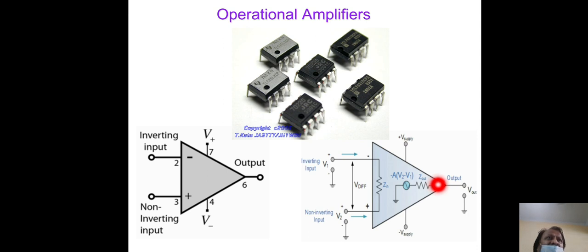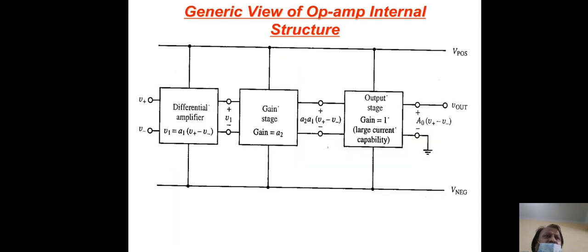It is the linear transfer function for the output, A1, A2 times V1. Also you can write the output of the operational amplifier as V naught equal to A naught times V positive minus V negative, where A naught is the open loop gain.